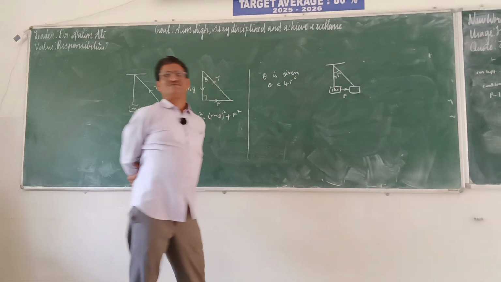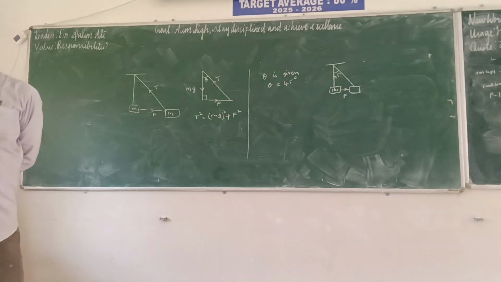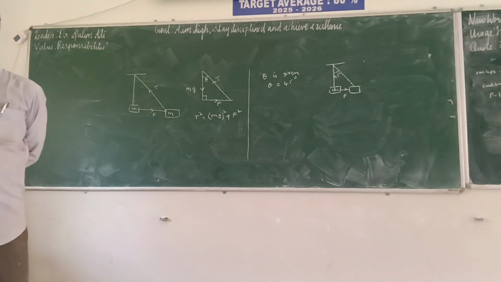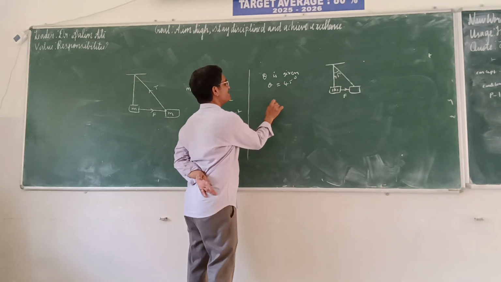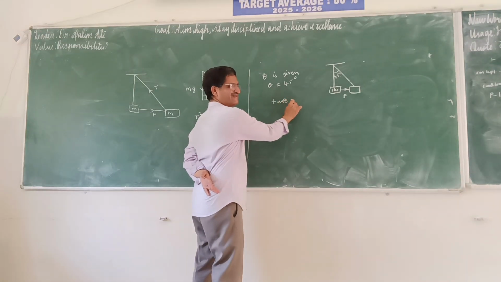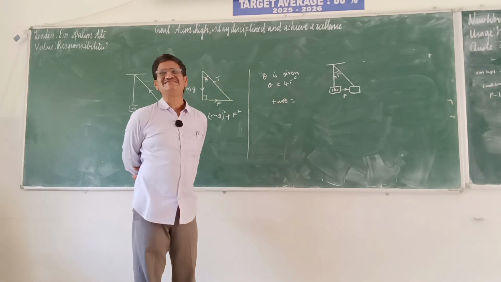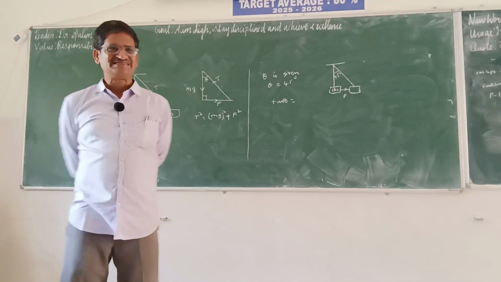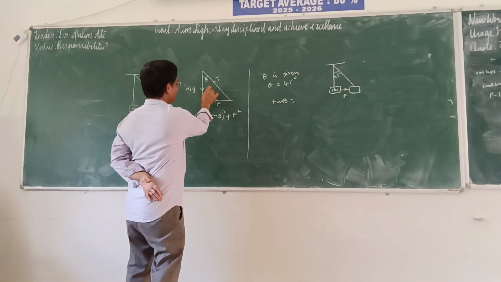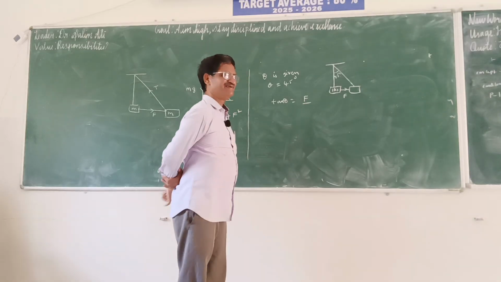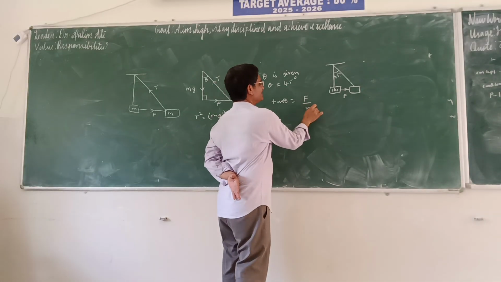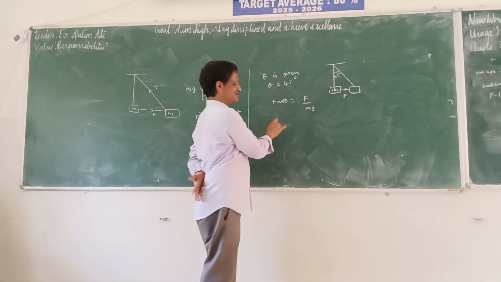Then find F. T is not given. What is tan theta? Correct, she is telling. Tell, ma. Tan theta definition: opposite side by adjacent side. Opposite side F, adjacent side mg. Here it is given 45.